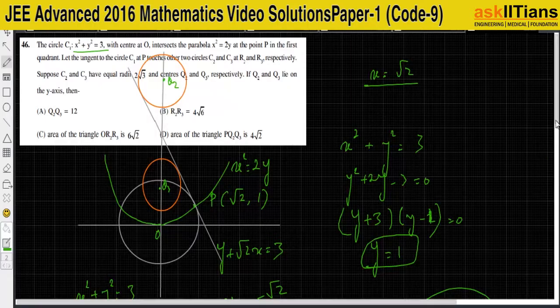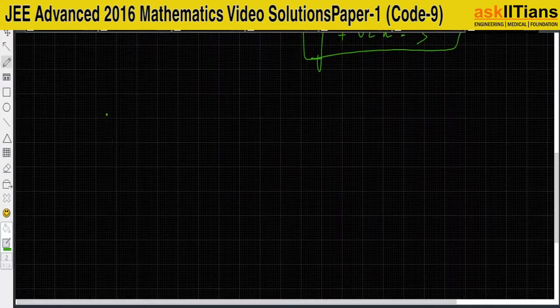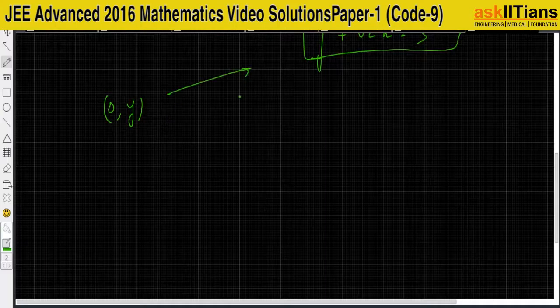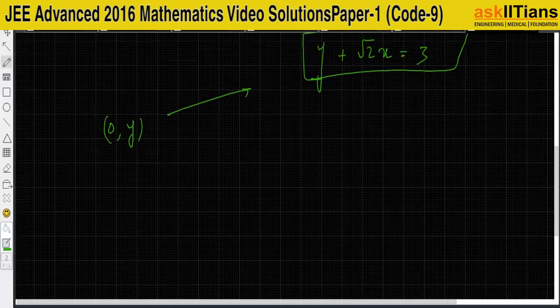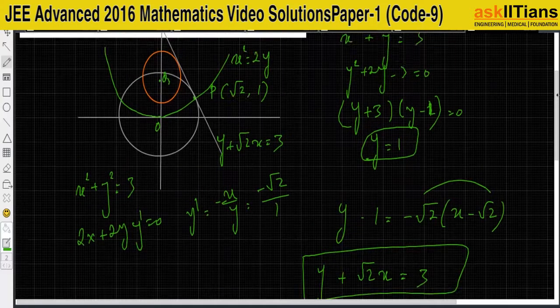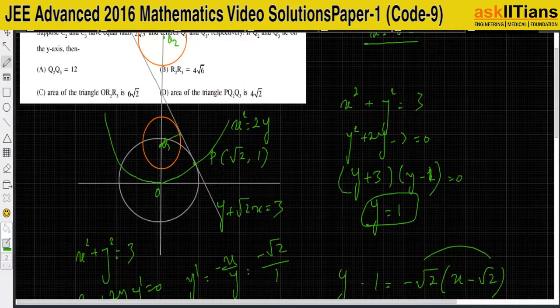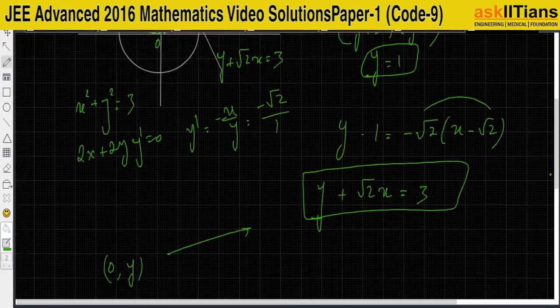We can just simply take the center of one of the circles as 0 comma some y, and then we know that the perpendicular distance from this center to this tangent will be equal to the radius. The radius is given to be 2 root 3.